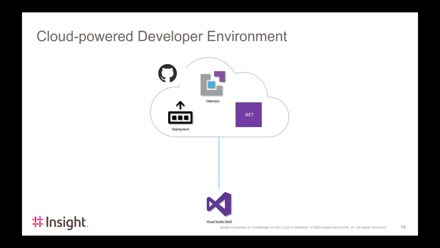All the heavy compute, extensions, runtimes, deployment pipeline, building, compiling and debugging are done in the GitHub cloud using a fully containerized instance. What you need to install is just a Visual Studio shell on your laptop. You can even install it on your phone or your MacBook Air, so you don't need a powerful machine to run all your development work. This enables developers to do code development from anywhere in the world.